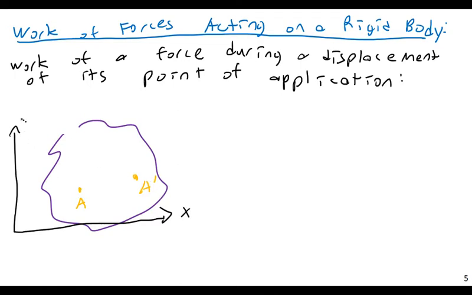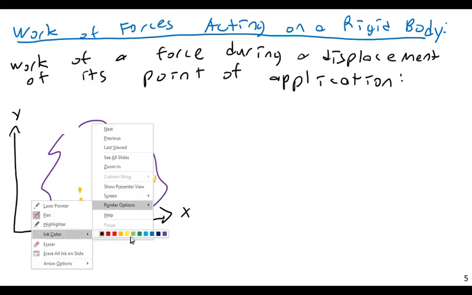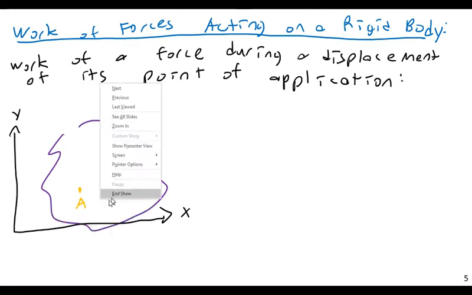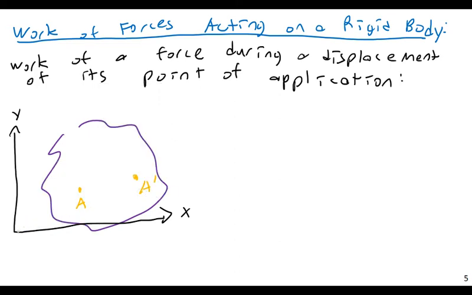Maybe X, Y. And then you could have R going to each of them. An R and an R prime to go with A and A prime. So initial position R and final position R prime.